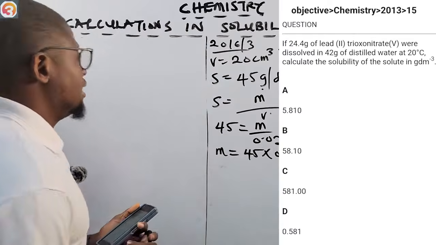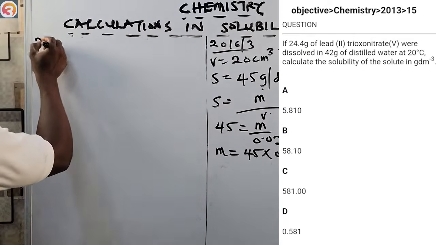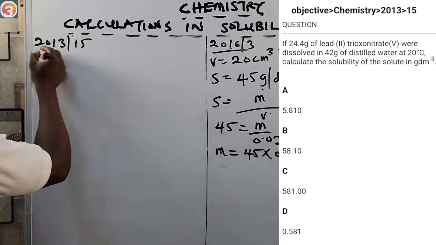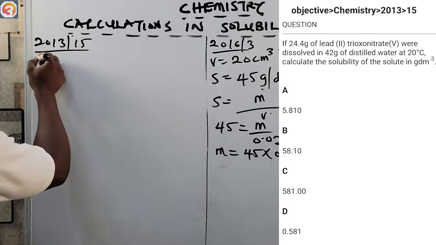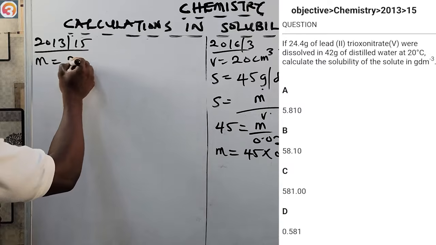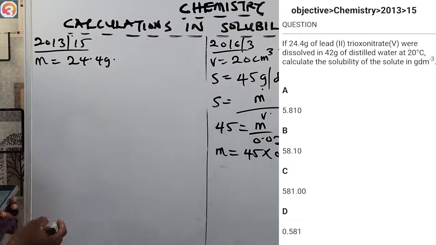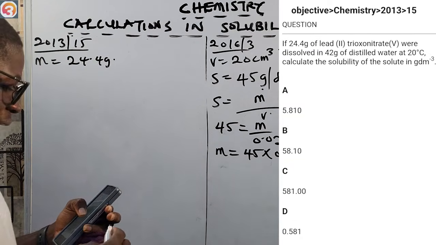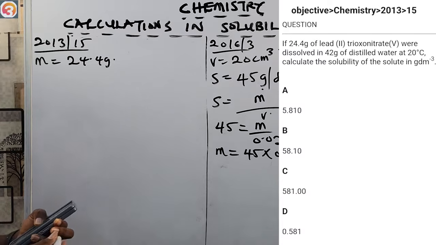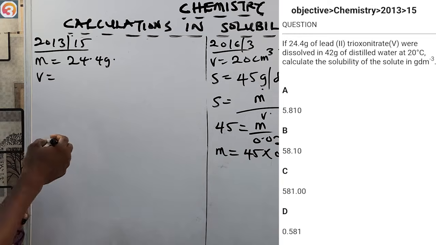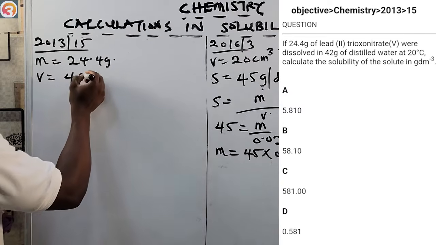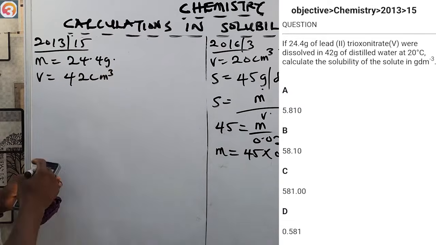So this is 2013, number 15. They say 24.4 gram of lead nitrate, the mass of solute, was dissolved in 42 gram, which is the volume of solvent, 42 cm cube, because the mass is 42 gram.